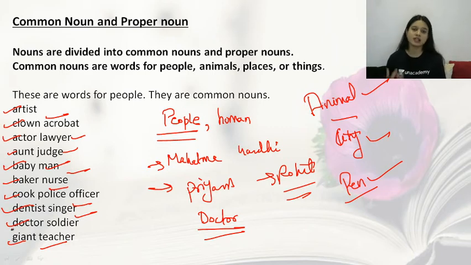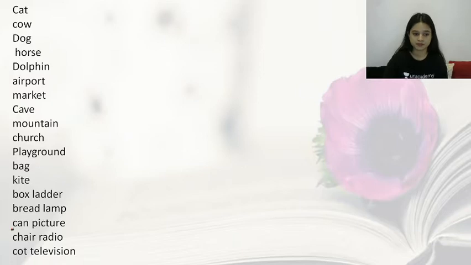But just understand this. Anything which is not specifically pointing out an individual or one person is a common noun. More examples like cat. It could be any cat, any dog from that species. We're not even talking about a particular type. It could be a Labrador, a golden retriever, or a pug, anyone.